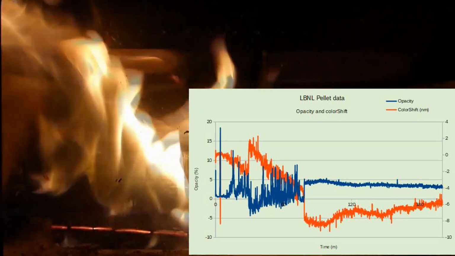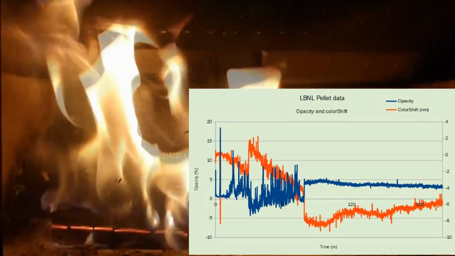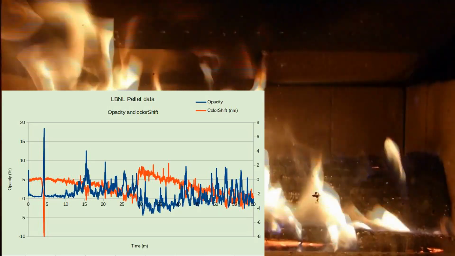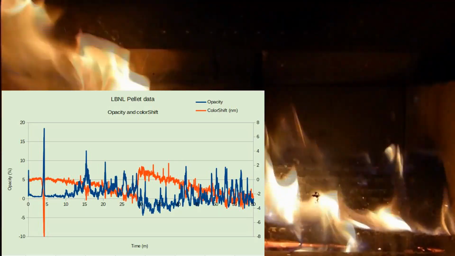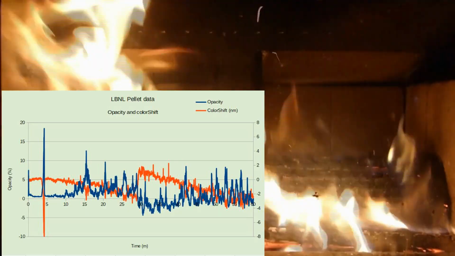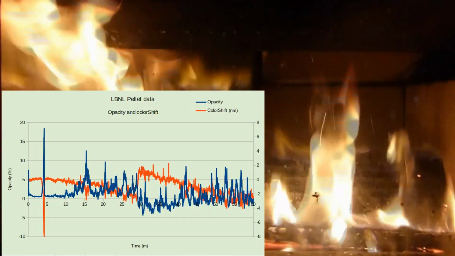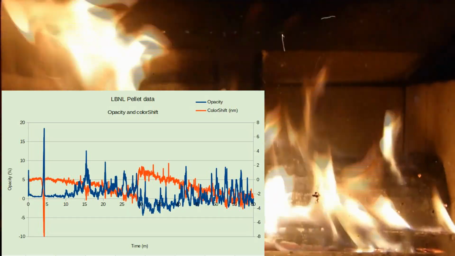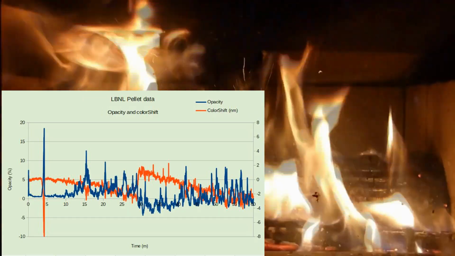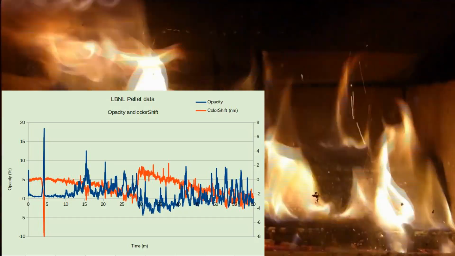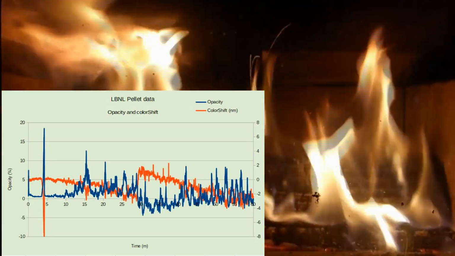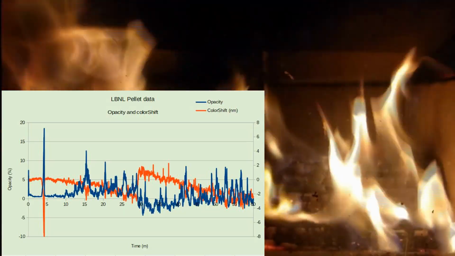So let's go over this data and what it tells me, and help you understand what I'm looking at. This is the first 60 minutes of the test, and you have to understand how testing works. You've got to get started, baselines, about 5 minutes. It looks like they started it, and then they ran it on high. Every time a pellet dropped into the cup, you can see a peak of opacity.